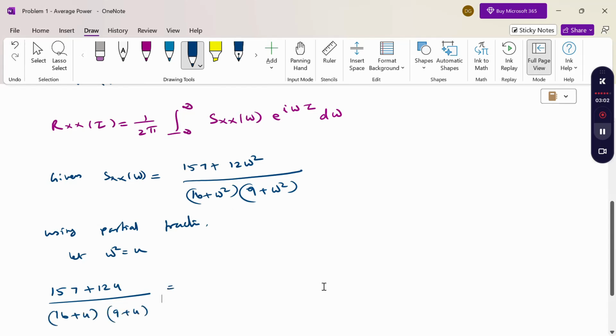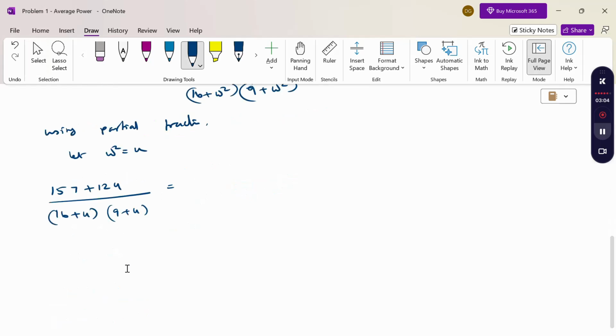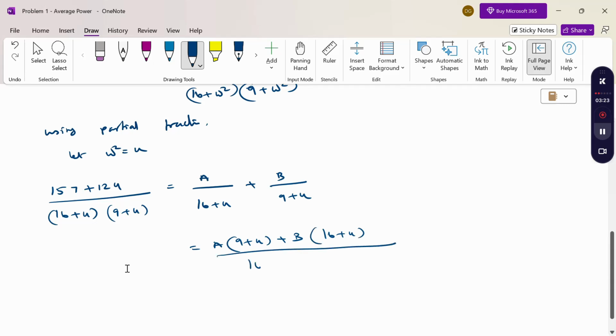When the denominator factors are not repeated, use A by 16 plus u plus B by 9 plus u. Taking the cross multiplication, A into 9 plus u plus B into 16 plus u, divided by 16 plus u into 9 plus u. On the left hand side, 157 plus 12u by 16 plus u into 9 plus u.